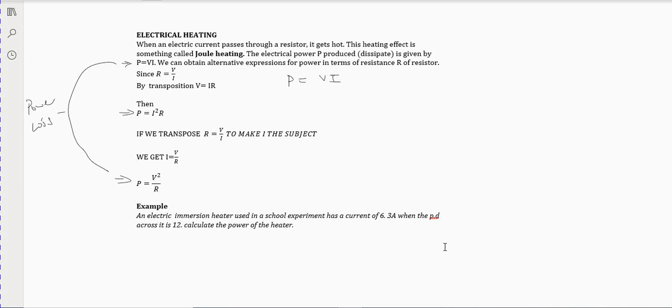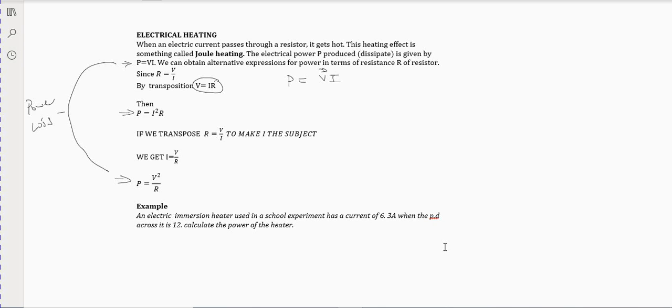Or we can do some mathematics here. From Ohm's law, we know that voltage is equal to IR, and as such we can substitute V in this equation and put IR.